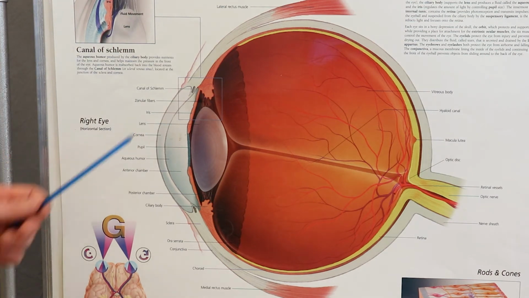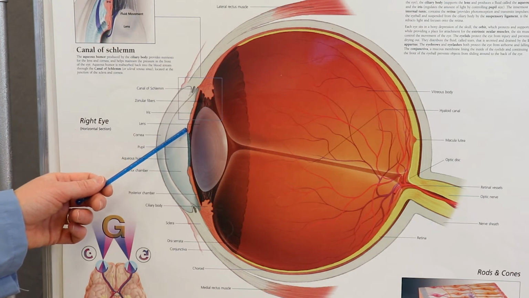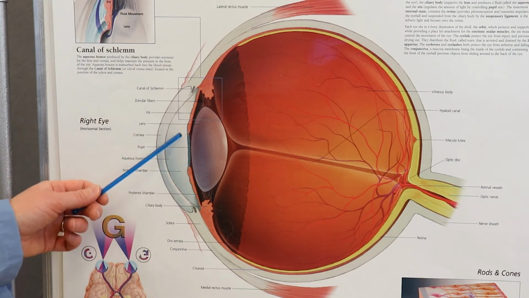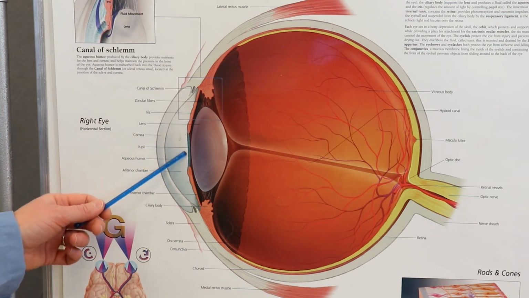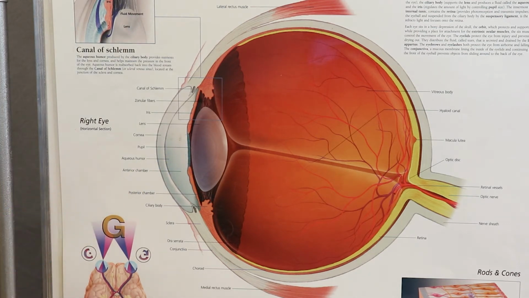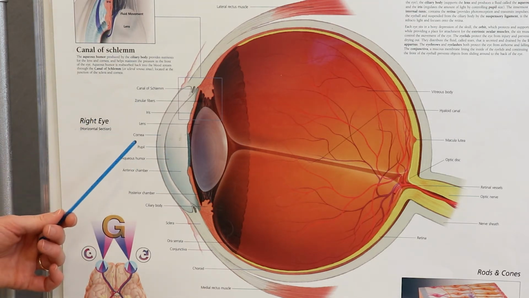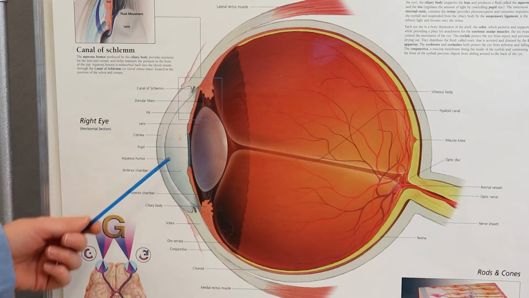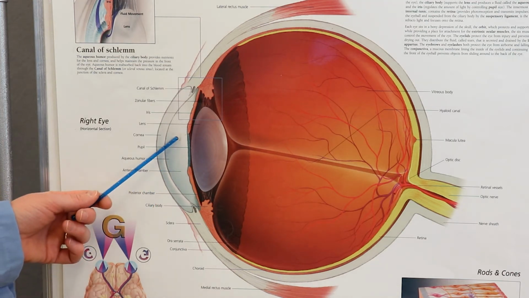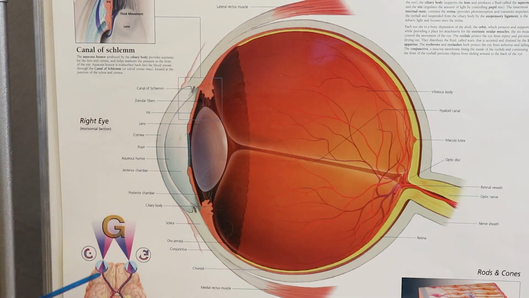The sphincter pupillae muscle will allow the iris to contract to make the pupil, the opening in the iris, smaller, to decrease the amount of light that is entering the eye. So this happens, of course, when we're in bright light, but also when we want to focus on a near image. We need to have constriction of the pupil via those sphincter pupillae muscles.